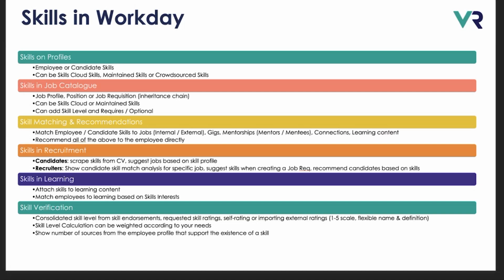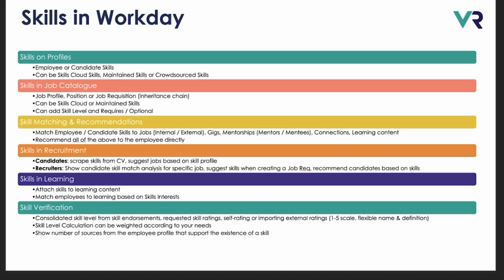Those skills can then be inherited by a position, which is really the main core of where skills are being held against what you're doing. And then those are also inherited by the job requisition and the job posting. At any point in that chain, you can adjust the skills that are there, depending on security privileges.